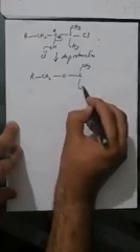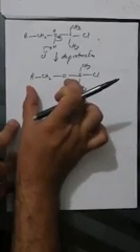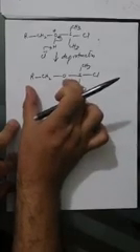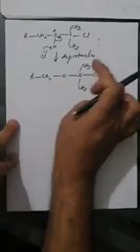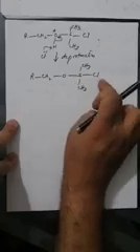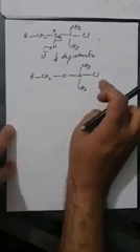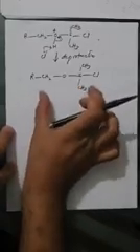What is the name of this group? This is an alkoxy group or alkoxide. So alkoxy dimethyl sulfonium chloride. You will get this species.